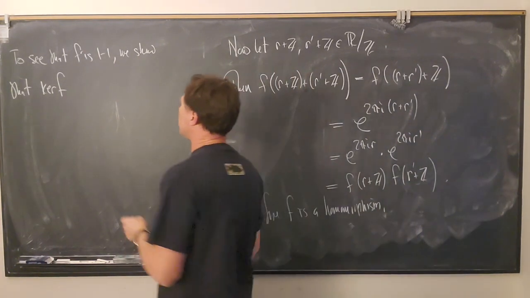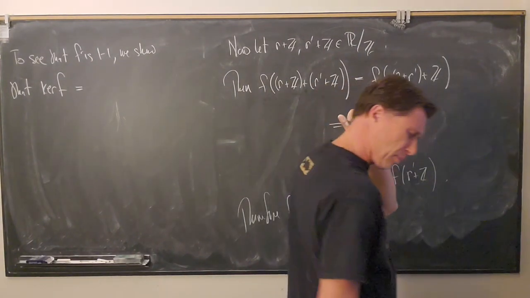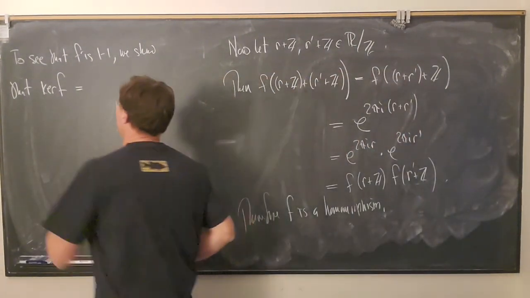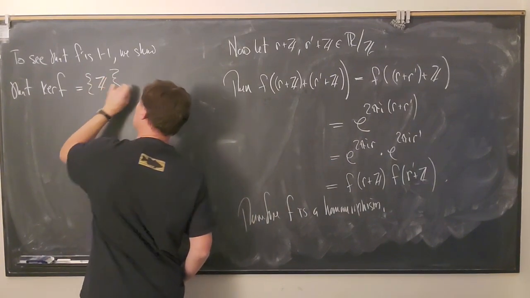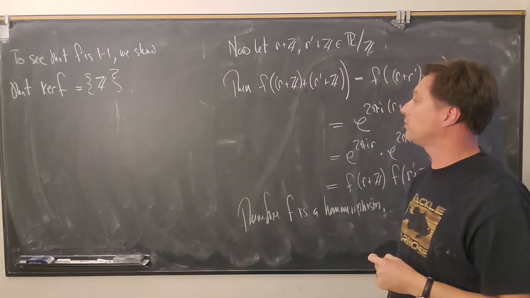So in this case, the kernel of F is trivial means what? All right, so we need to remember what's the identity in R mod Z. The kernel consists of a single element, just the coset Z, the identity coset.